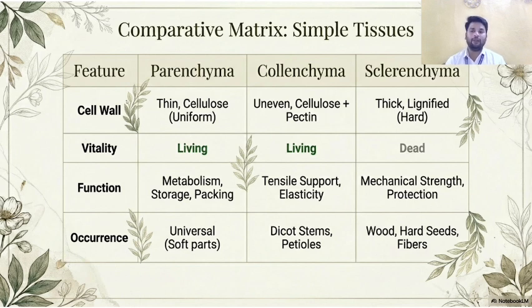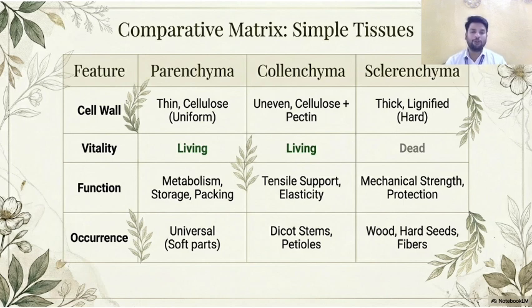The vitality, that means living nature. Parenchyma is living in nature. Collenchyma is also living, and sclerenchyma is living at the young stage, but becomes dead at maturity. The functions of parenchyma tissue include metabolism, storage, and packing.